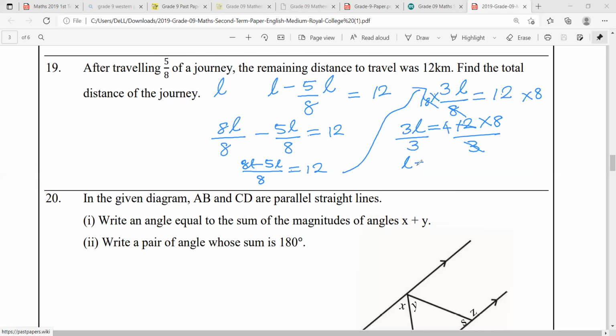Then L is equal to 4 into 8, which is 32 kilometers, right? This is the total distance of the journey.